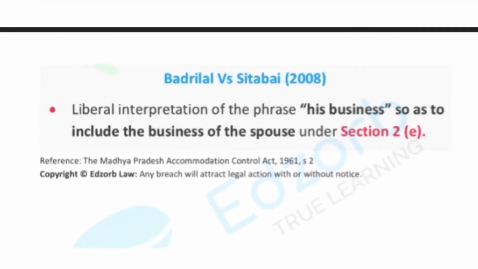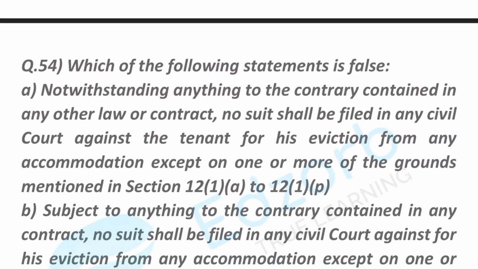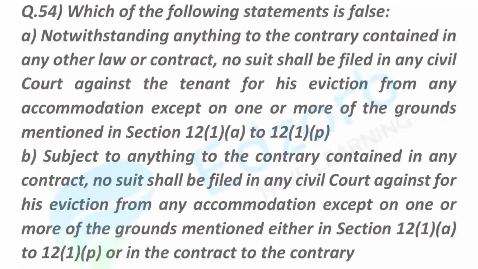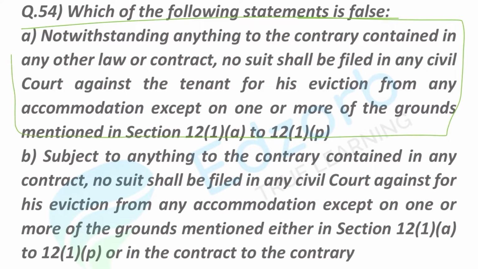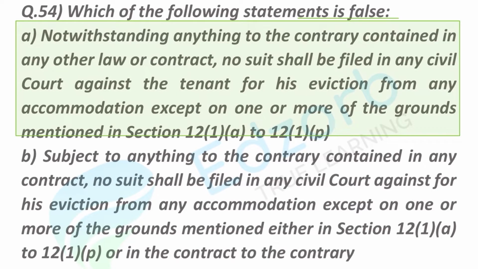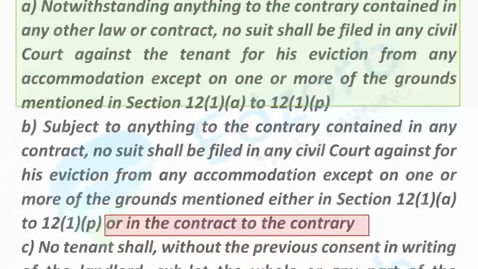Quickly wading into question number 54. Now keep the breath steady and have a look. Now this question looks big, but we can easily crack it. So which of these following statements is false? So we have 4, so 3 are definitely true. Now let us proceed with A. So when we proceed with A, we see that this is exact replication of section 12, and when we look at B and compare it, you see in the contract to the contrary, this is an unnecessary addition over here.